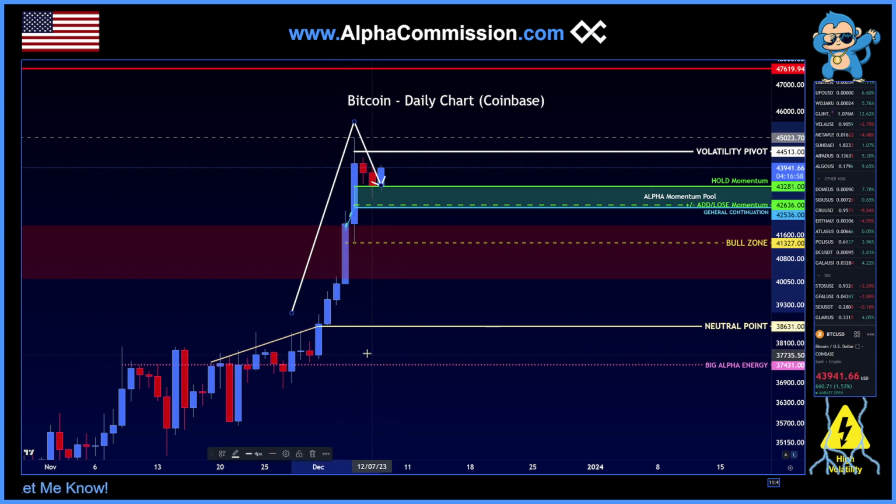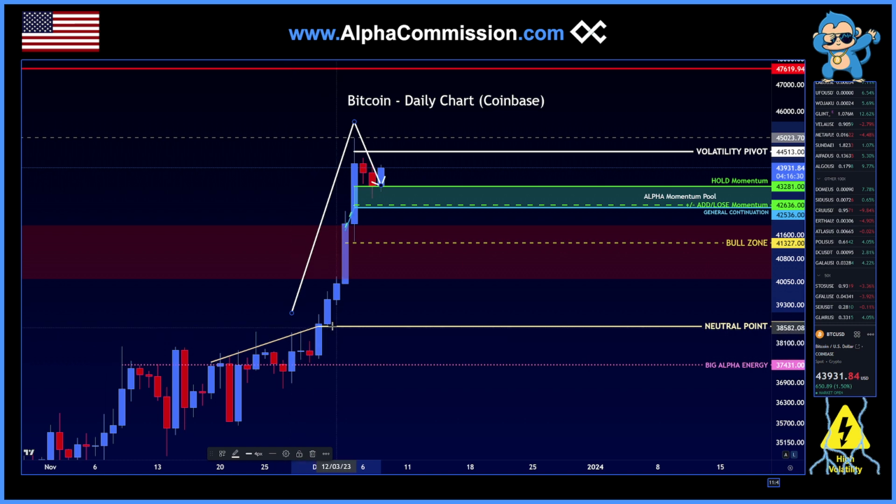And as long as we held this neutral point up here, which is essentially the pivot below the bull zone and below the major range below it, where we just continued to break up after these wicks over here, you can see we flipped this zone, and we're now in this kind of outer space zone, and that's bulls being in charge.